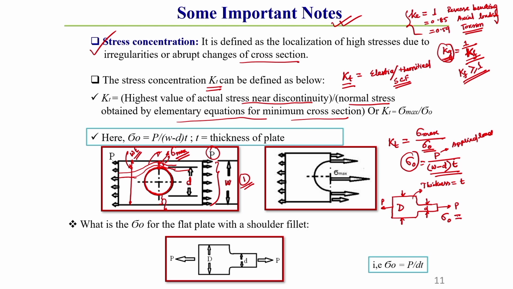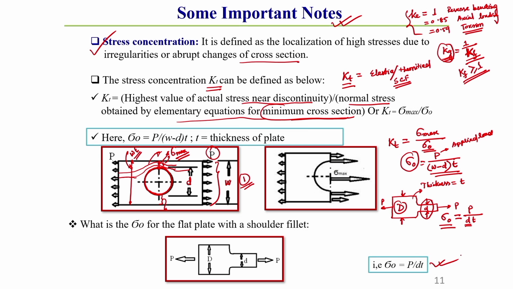You should always consider the minimum section area. So it is applied load P divided by small d into T. It should not be capital D into T, because capital D is the highest section area. We should consider the minimum cross-sectional area, so the nominal stress is P by small d into T.